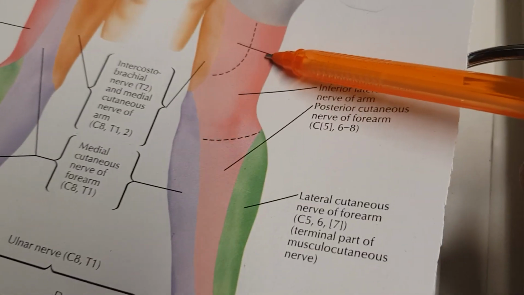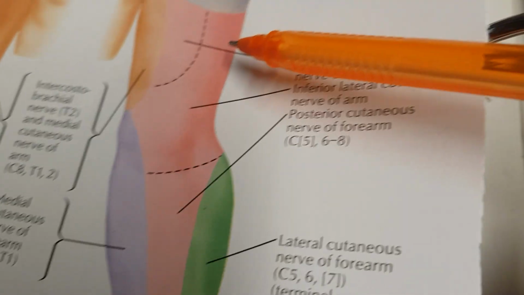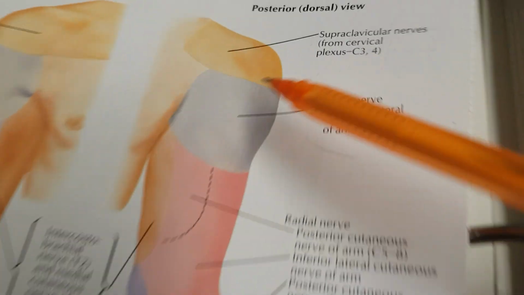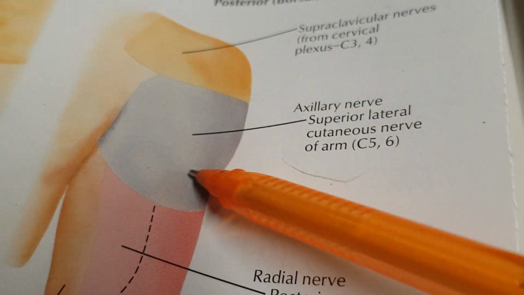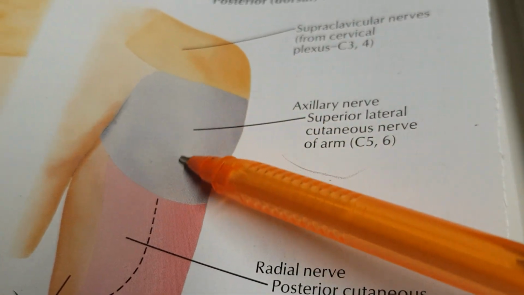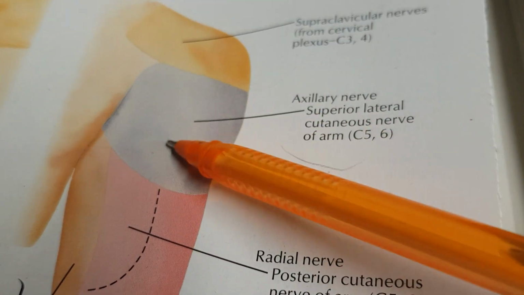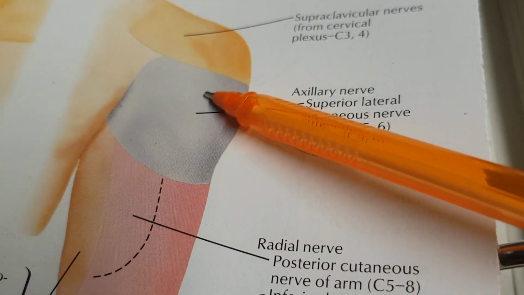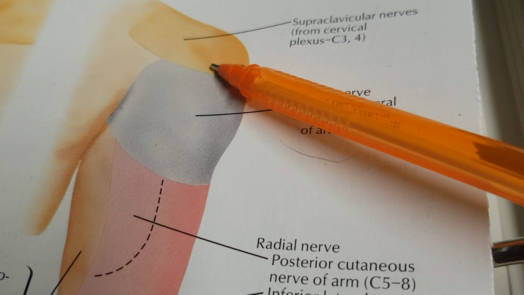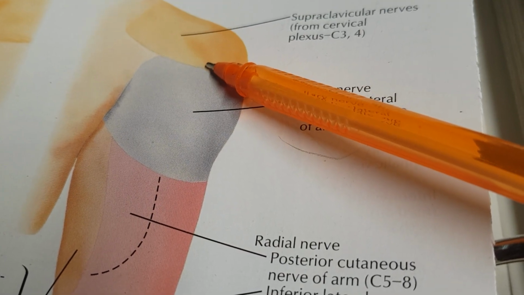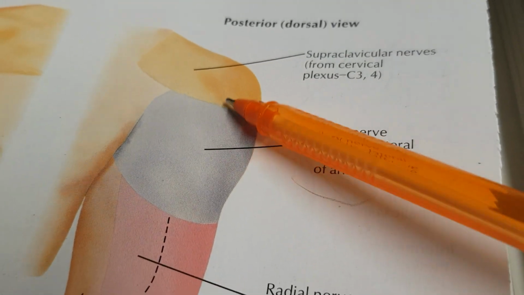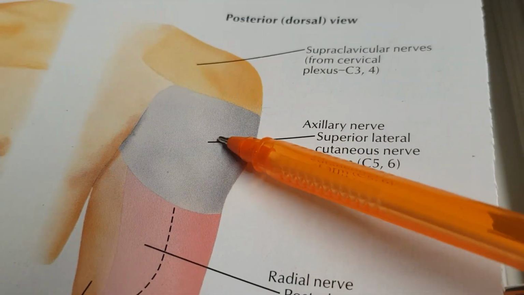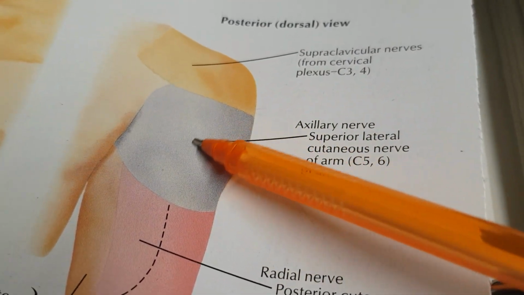If you look at this map, this is not dermatomes, it's for the peripheral nerve. The radial nerve, this area. When we were doing the brachial plexus, we said the axillary nerve, in terms of myotome, supplies the deltoid. It supplies the deltoid and the skin on top of the deltoid, and that's why you see the axillary nerve.